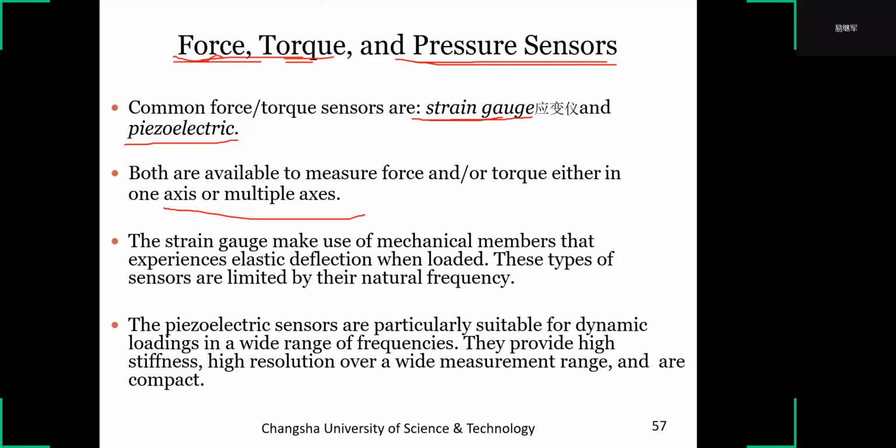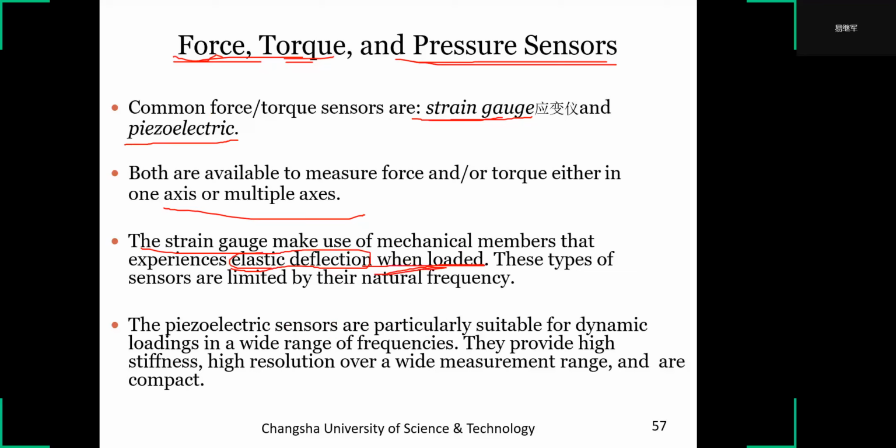These types of sensors are limited by their natural frequency.